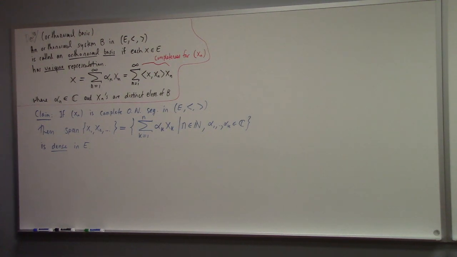Do you remember this? One of the ways we could define the completion is by putting in all the limit points of all convergent sequences, isn't that right? Or is it Cauchy? I'm trying to remember the sequential definition of completion that we had before.